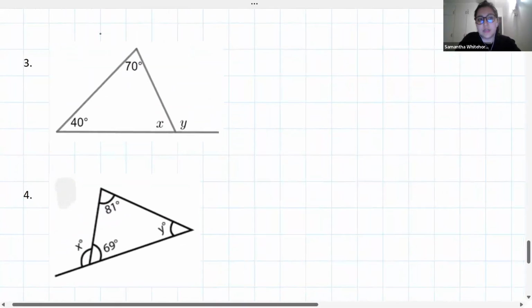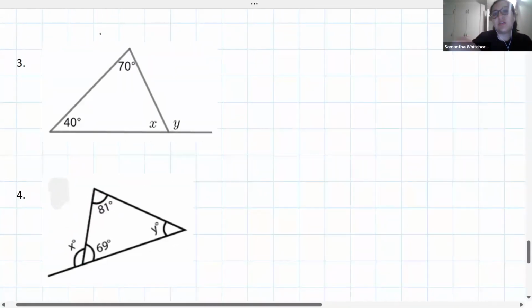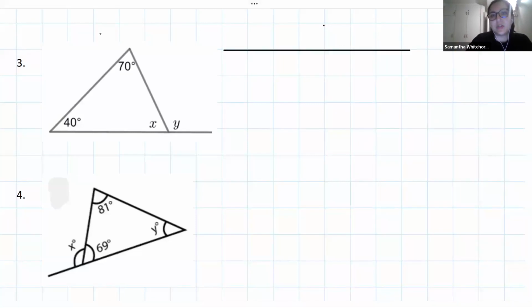So I want you guys to try question 3 and question 4 for me. Now, guys, what I want you to be very careful of is the fact that in both questions, there are two angles I want a value for.